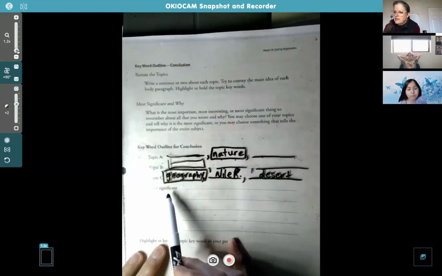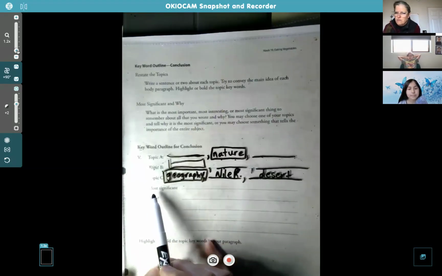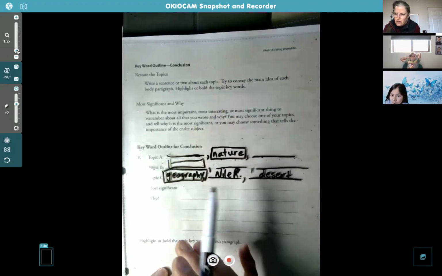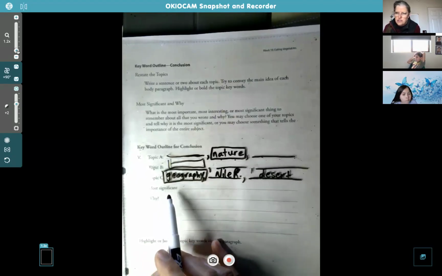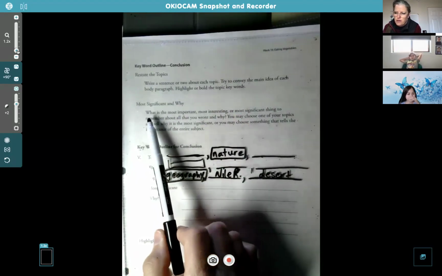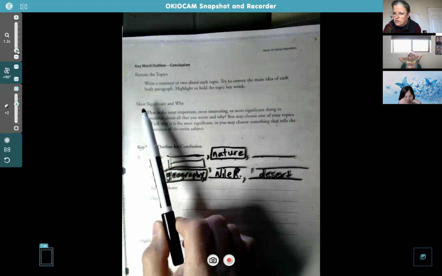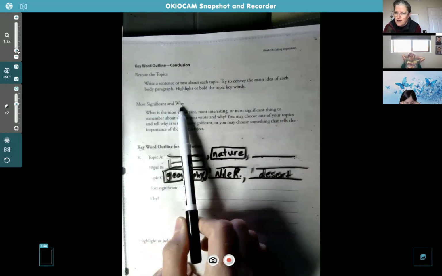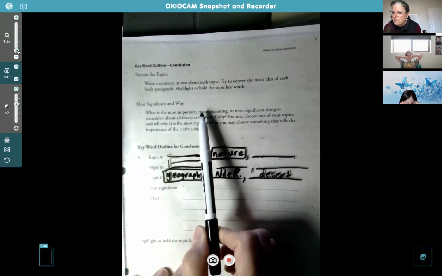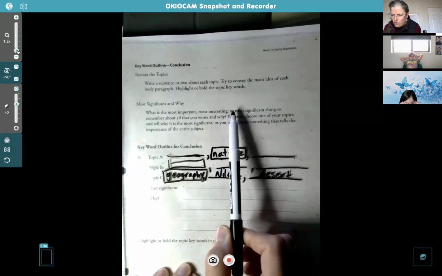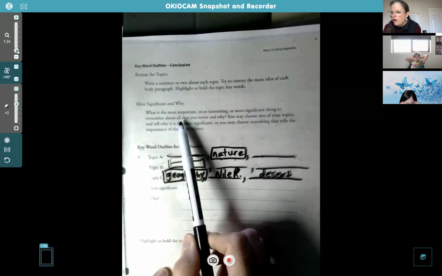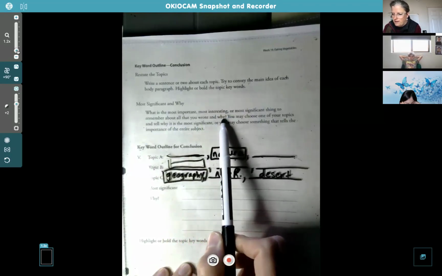So the next step is to think about what the most significant thing is about your whole paper. Another word for significant is important. I'm going to read this paragraph where it says most significant and why. It says, what is the most important, most interesting, or most significant thing to remember about all that you wrote about, and why?